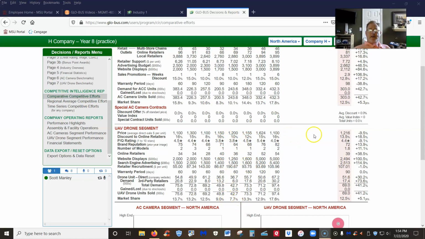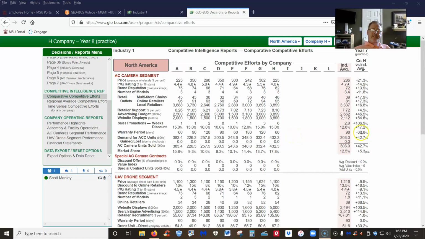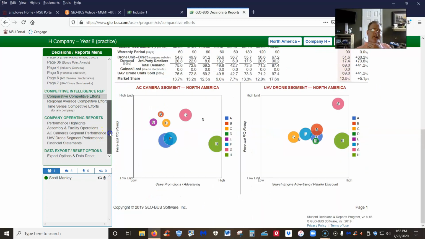Okay, so what I'm going to do very simply is change my strategy on the camera to integrated cost leadership because I see that hole in the middle of the market. So I'm going to go to 4.7 stars and I want to sell that product for an average price.